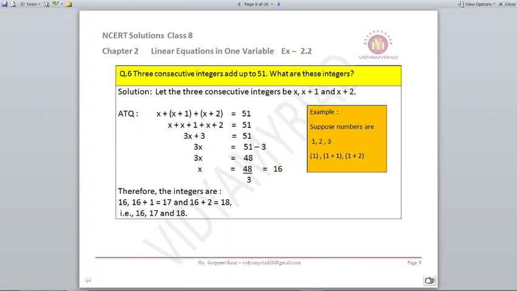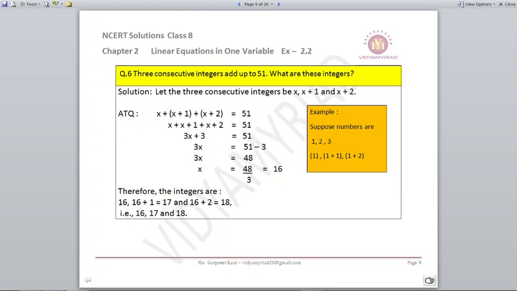If my first number is x, then what will be my second number? x plus 1. What will be my third number? x plus 2. According to the question, their sum is equal to 51, which means x plus x plus 1 plus x plus 2 is equal to 51.